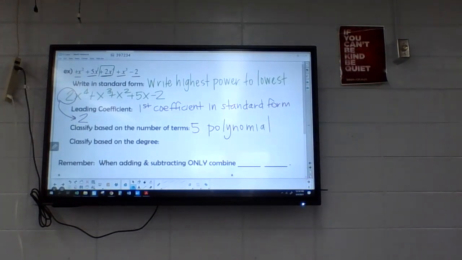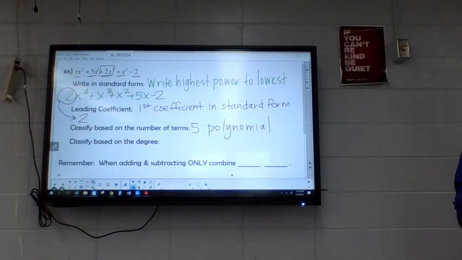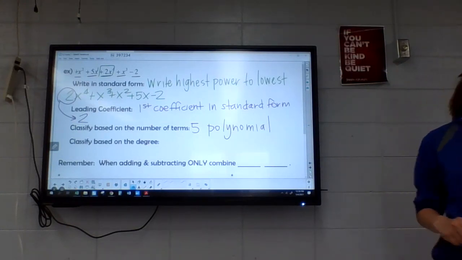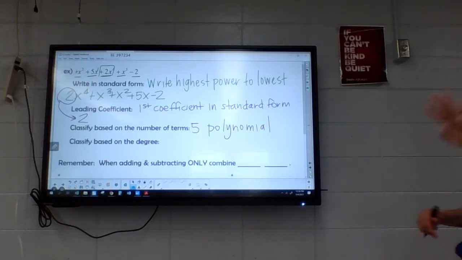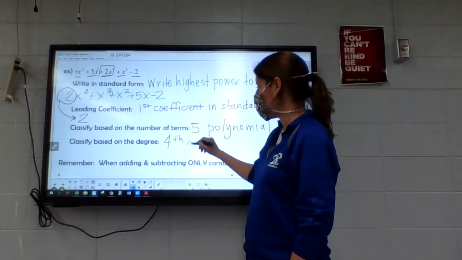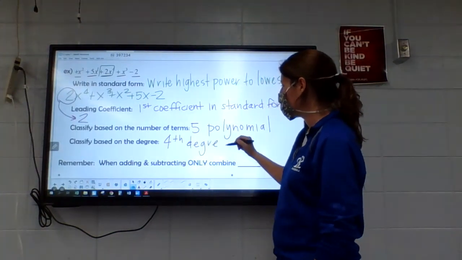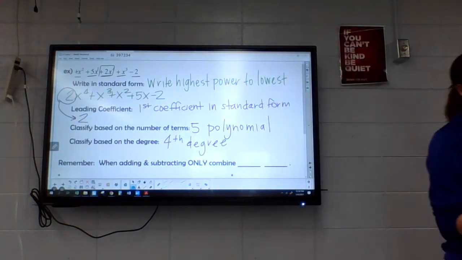And then classify based off the degree. So what's the degree of this one? Degree again is the highest power. So 4th degree. That's the highest power on any term. So you don't have to put all the terms together. It's a 4th degree polynomial.